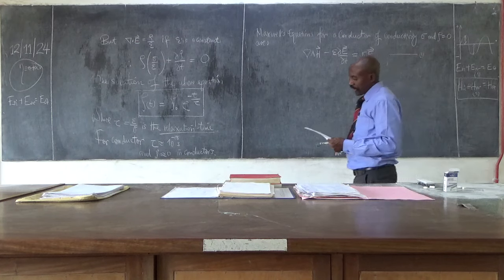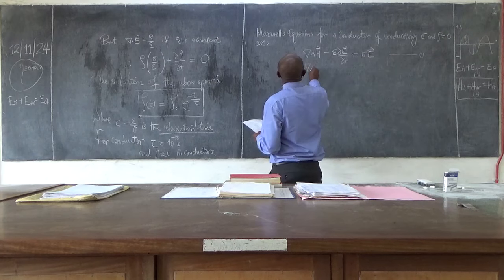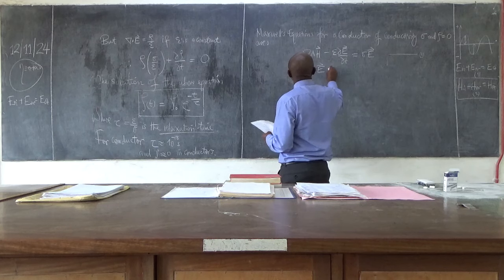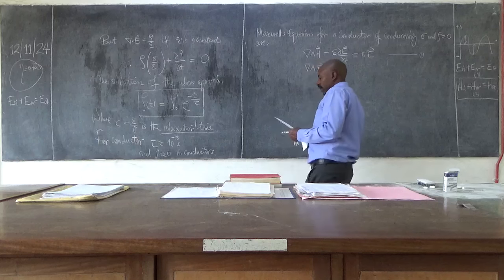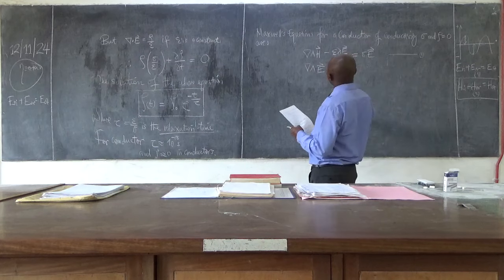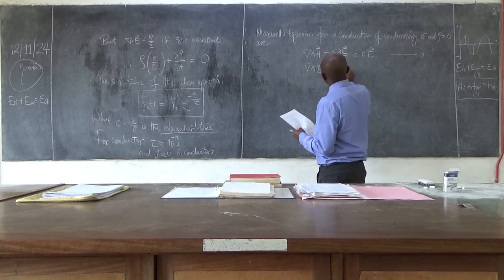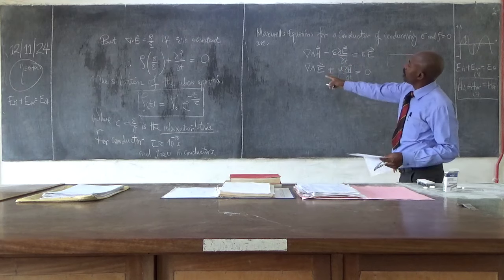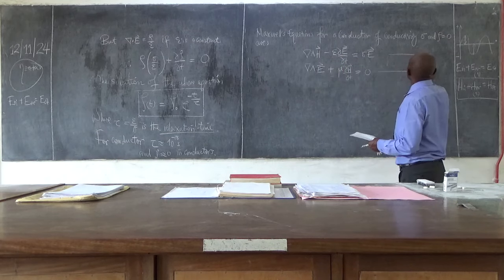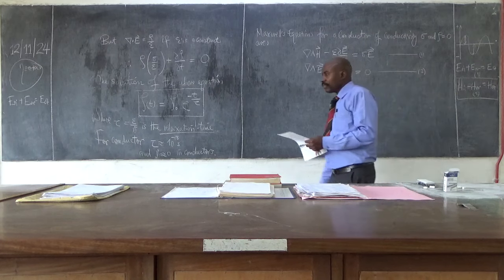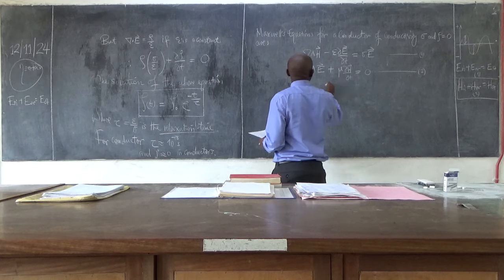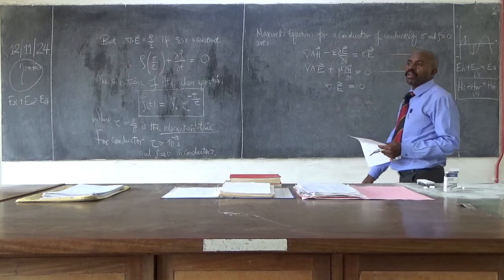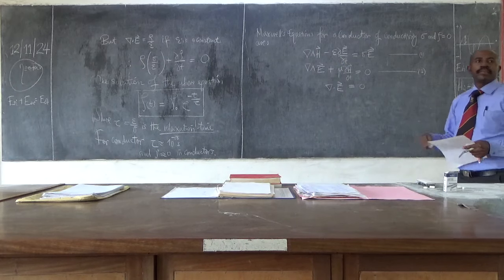Equation 1 of Maxwell, the curl of E equaling minus ∂B/∂t, can be written as the curl of E plus mu ∂H/∂t equal to 0. This is the same as curl of E equaling minus ∂B/∂t. But the divergence of E will be equal to 0 because there is no surface charge density within this conductor.